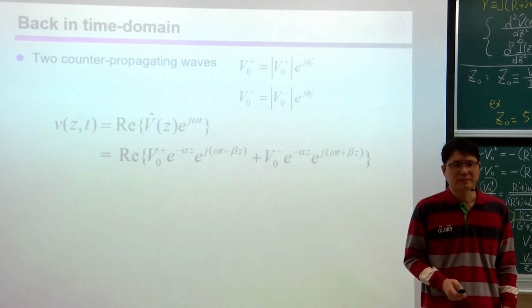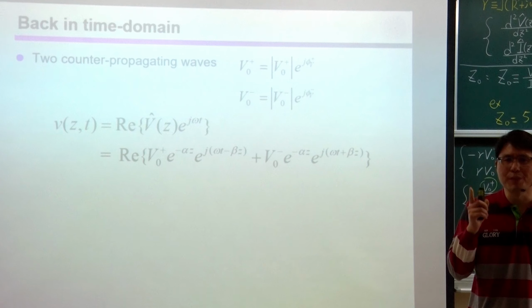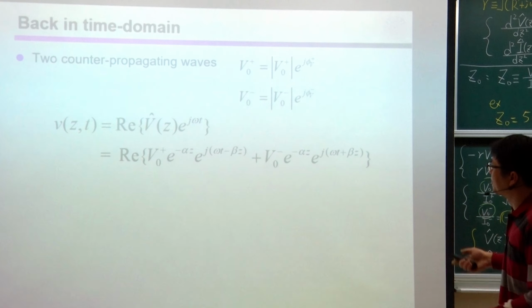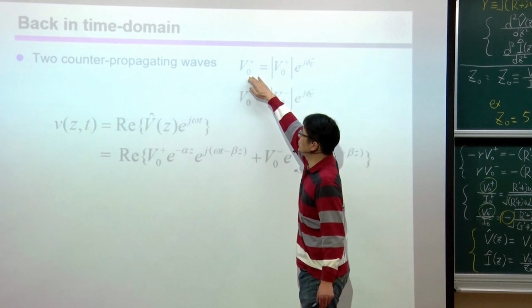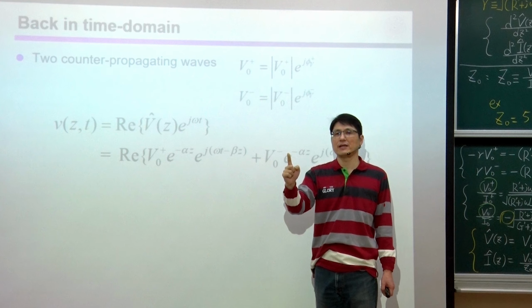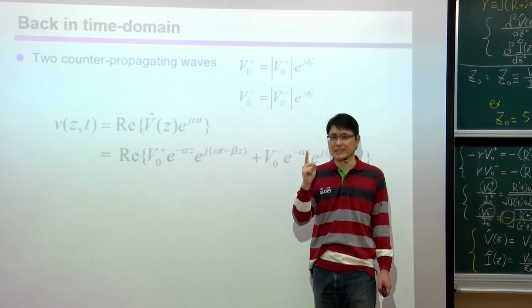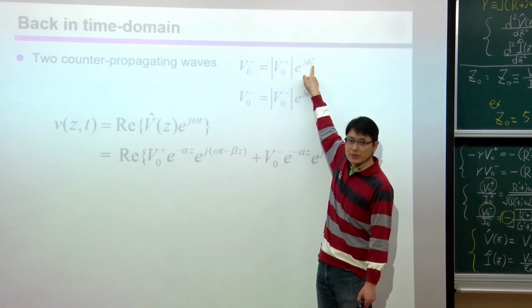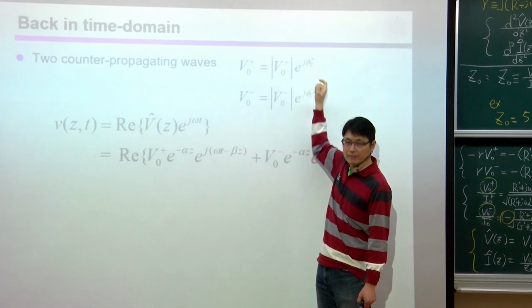Now, something you have to remember. V0 plus and V0 minus. These two amplitudes are usually complex numbers. Phasors usually have the amplitude and an associated phase.